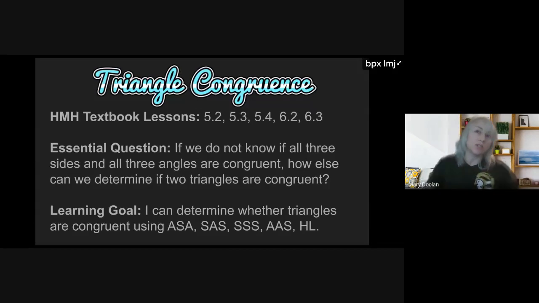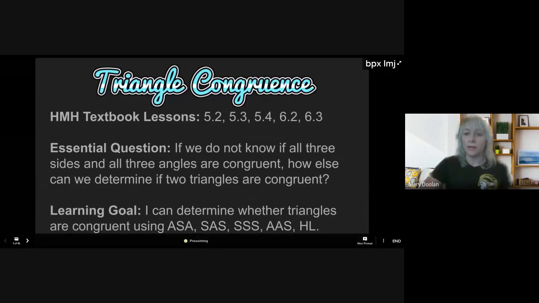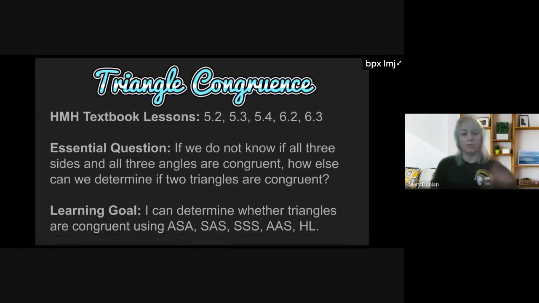Your essential question: if we do not know if all 3 sides and all 3 angles are congruent, how else can we determine if 2 triangles are congruent? When we have 2 triangles, as we looked at last semester, and it tells us that all 3 angles in both of them are exactly the same, and all 3 side lengths on both of the triangles are exactly the same, then we can conclude those 2 triangles are congruent.